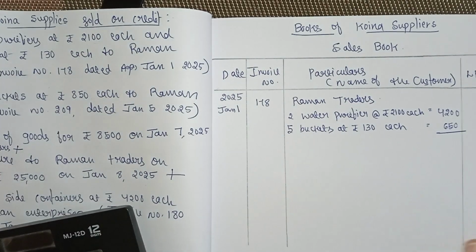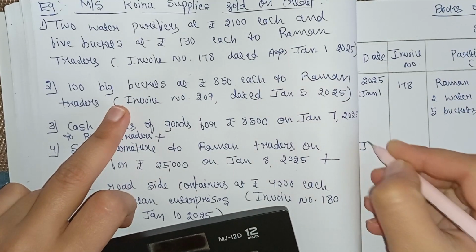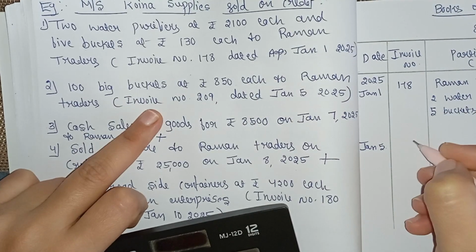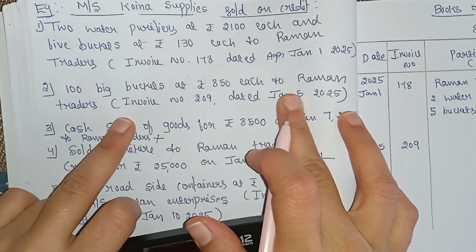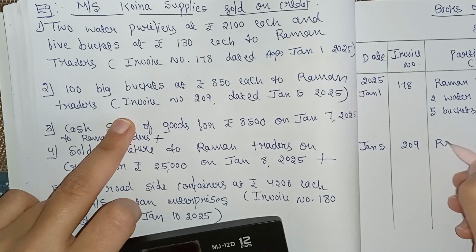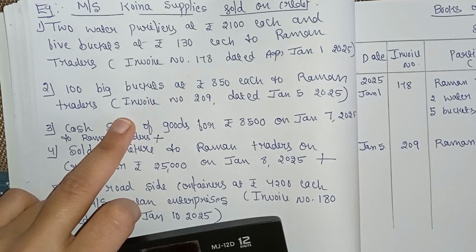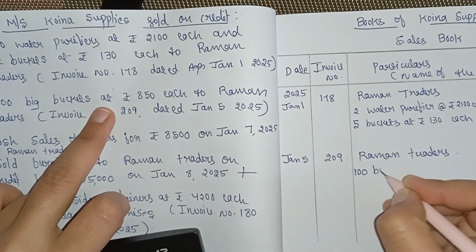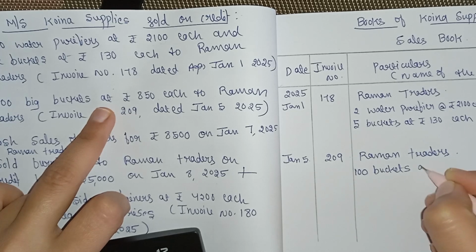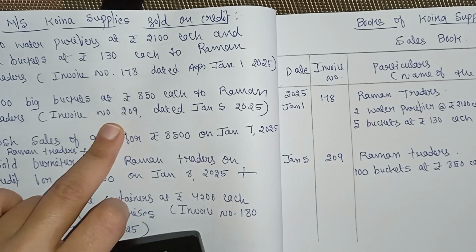Next transaction: 100 big buckets on Jan 5th, invoice number 209. To whom? They sold to Raman Traders only, so write down the name of the customer, Raman Traders. 100 big buckets at rupees 850 each, that is 8500.